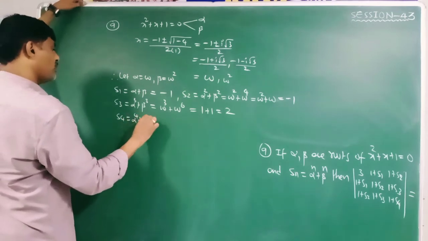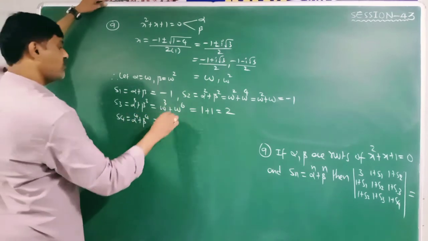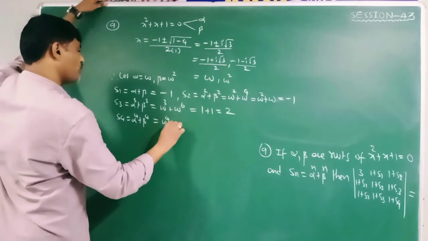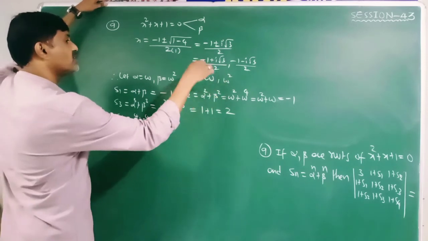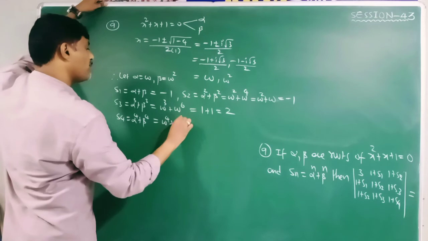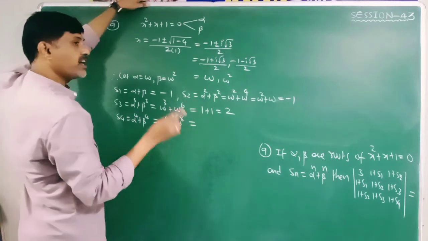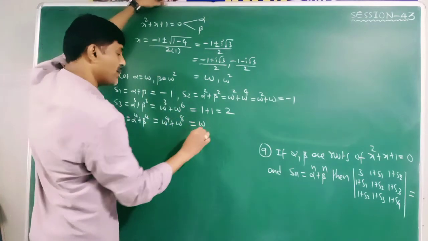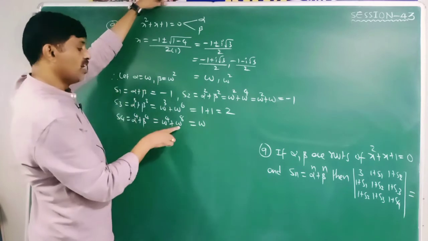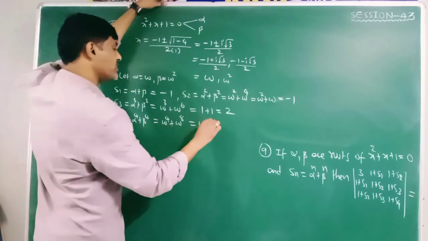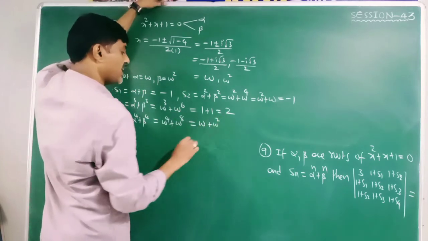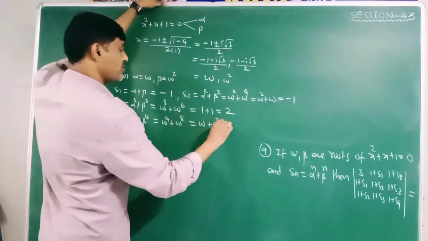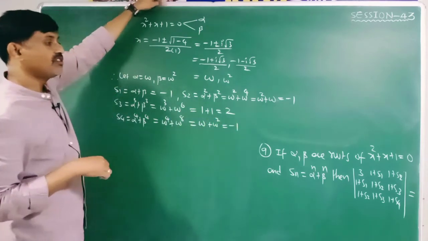Alpha power 4 plus beta power 4. Alpha power 4 is omega power 4, beta power 4 is omega square whole power 4, omega power 8. Omega power 4 is omega, because omega cube is always 1. Now omega power 6 is always 1. Therefore we get omega square.